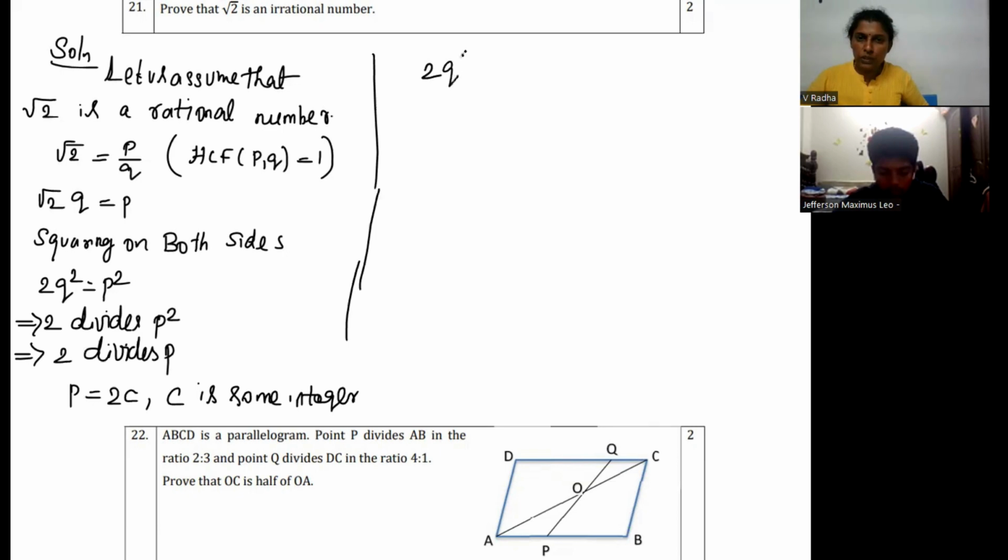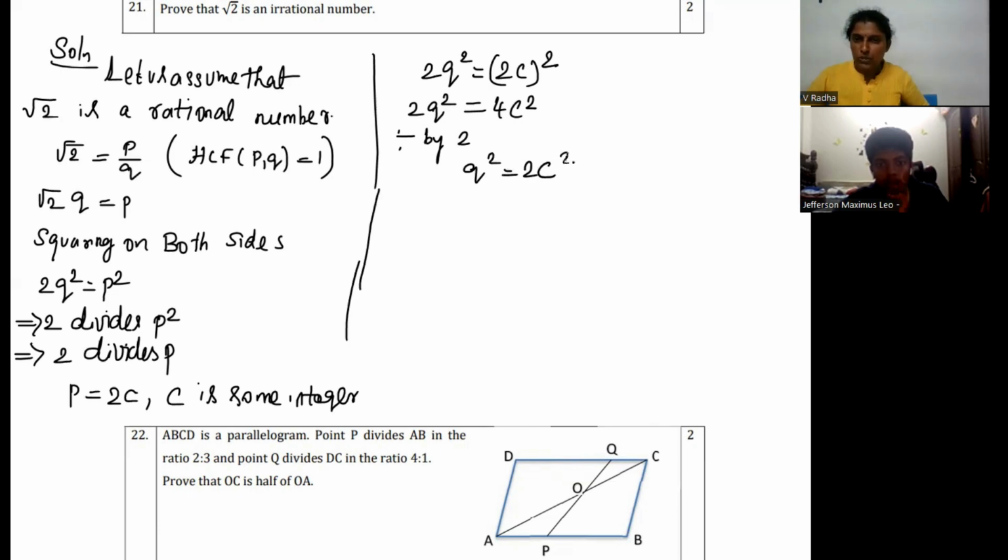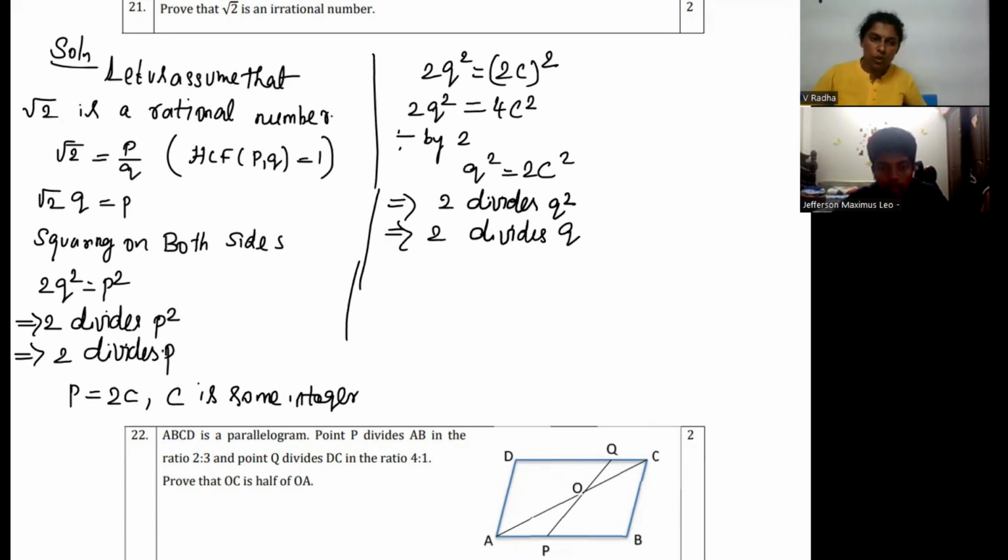So 2Q square is equal to 2C the whole square, which is 4C square. Divided throughout by 2, Q square is equal to 2C square. That implies 2 divides Q square. That implies 2 divides Q also. It's correct? Yes, ma'am.